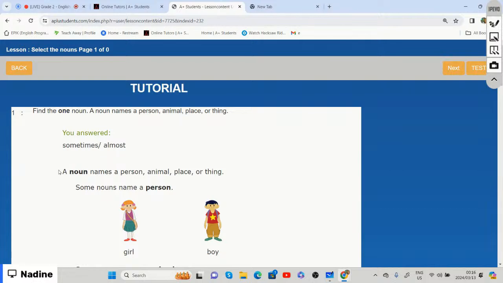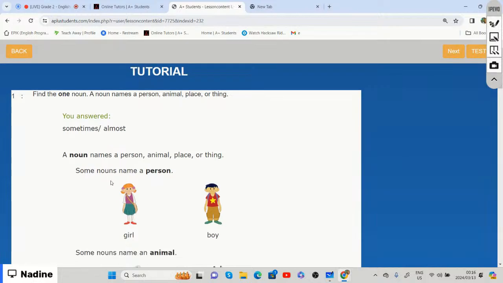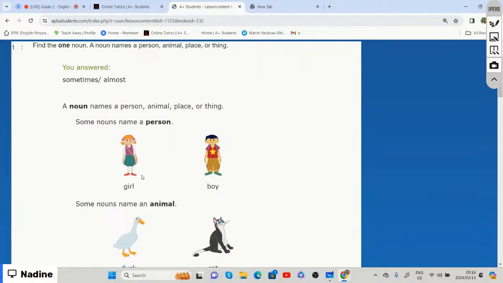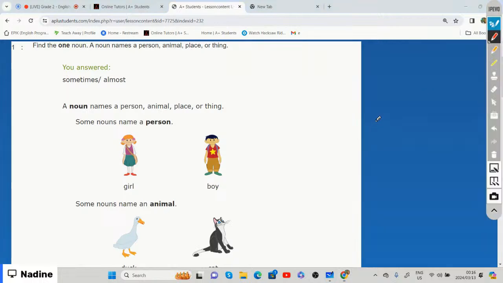All right, so we said a noun names a person, an animal, a place, or a thing. We said some nouns name a person, and we made an example of a girl and an example of a boy.